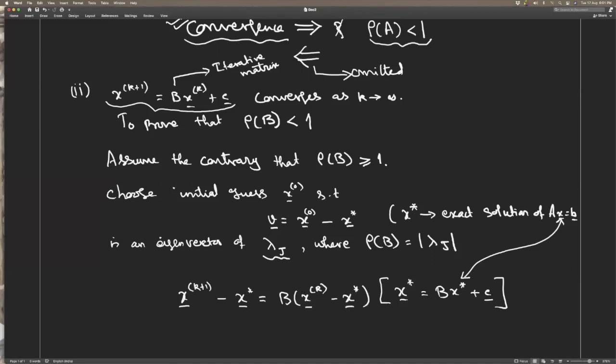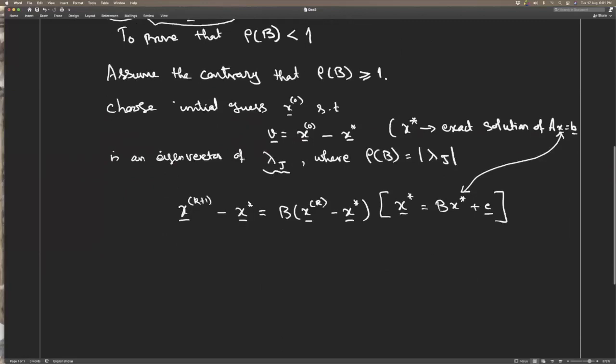And now again recursively apply this equality. I'm not taking modulus and making things an inequality, just equality. The same equality I will apply to the right hand side vector, and that gives me B square into x k minus 1 minus x star.